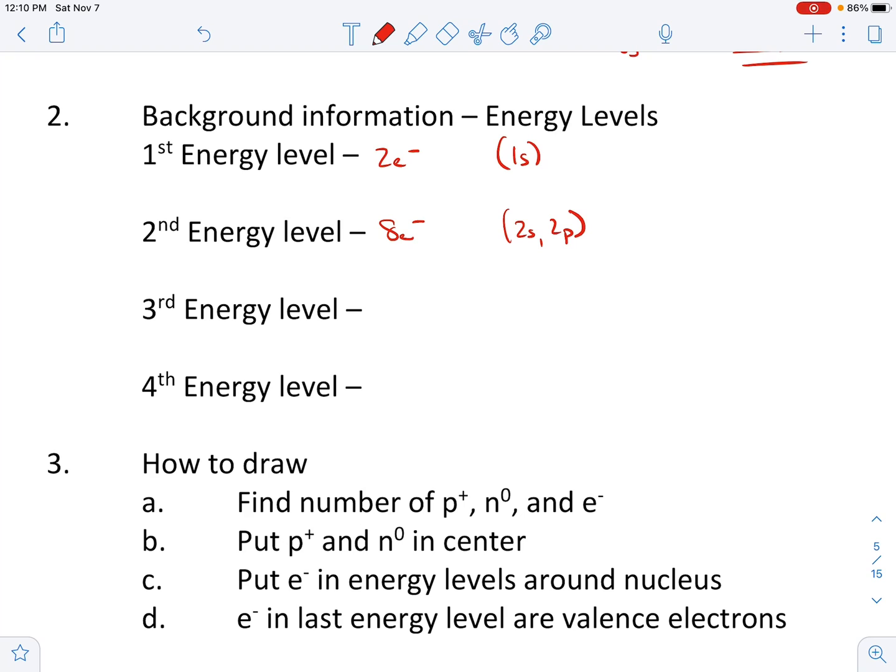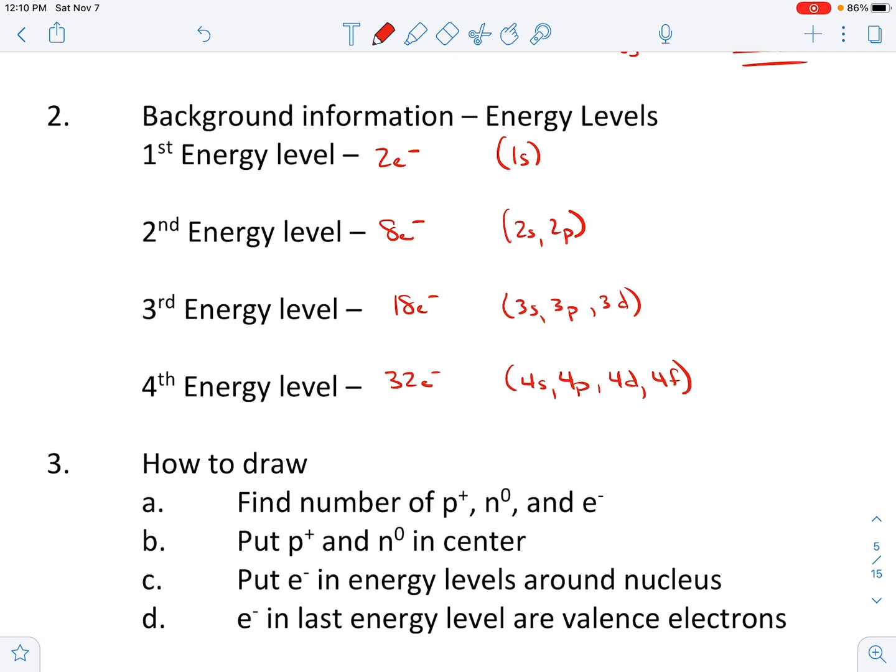We can do a little bit with a third, but we can't go too far into it, because remember, the third has that 3s, 3p, and then later, after the 4s, came that 3d, right? And so that gave us 18 electrons. And then our 4th, 5th, 6th, and 7th can hold 32 electrons, because there are 4s, 4p, 4d, and 4f. All right?